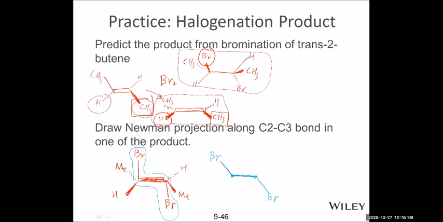And what happened to the other group? All right, so this methyl group, it's a circle. Stay away from me. And the hydrogen, notice, is a wedge. So that stays wedge. Do not change.